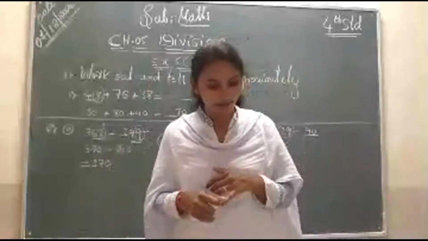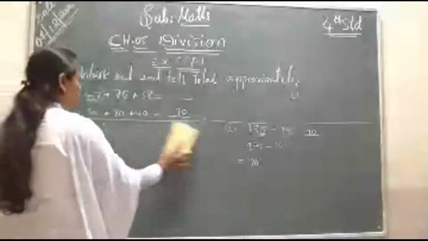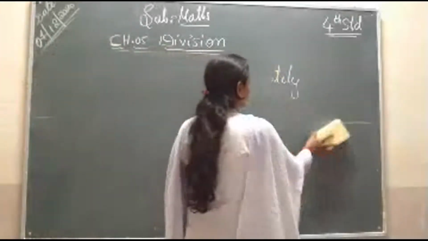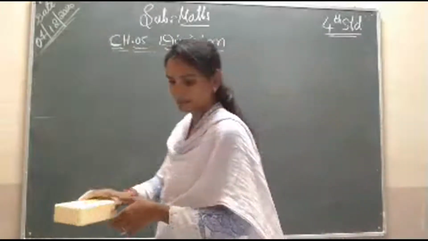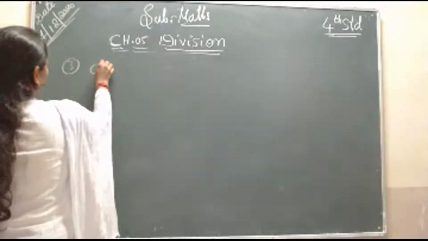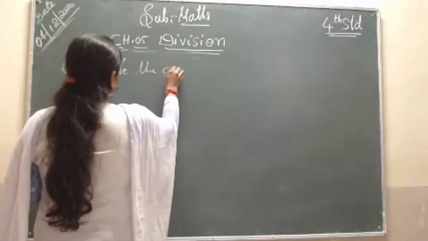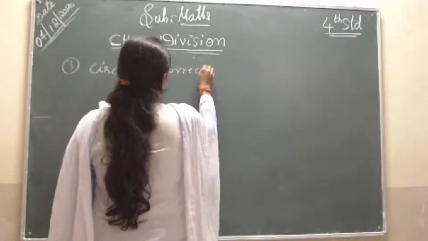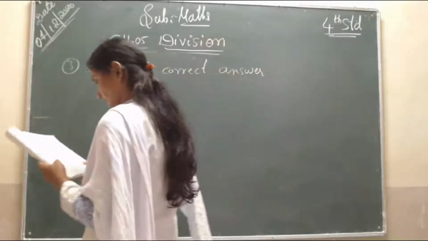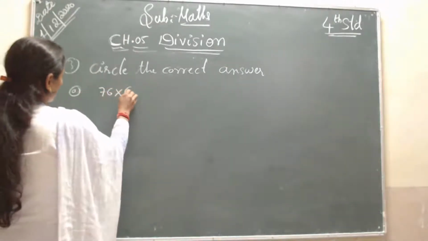circle the correct answers in the next main. Students, these are multiple choice questions, so 76 into 6.